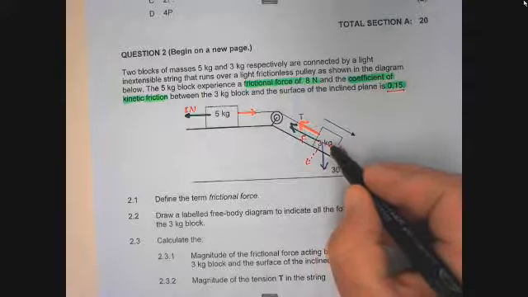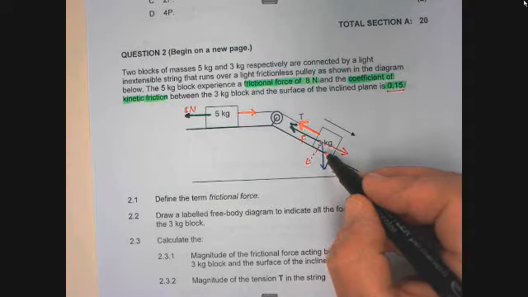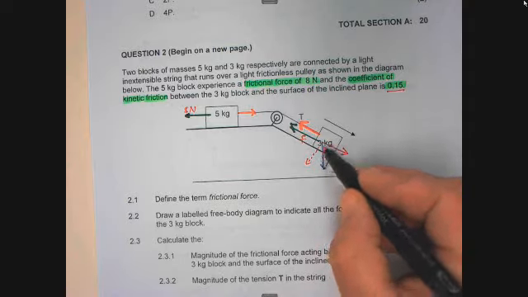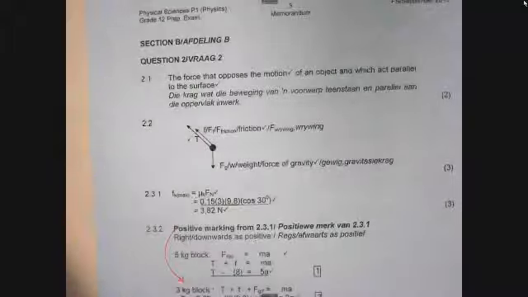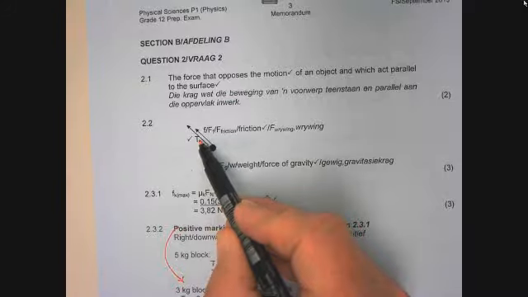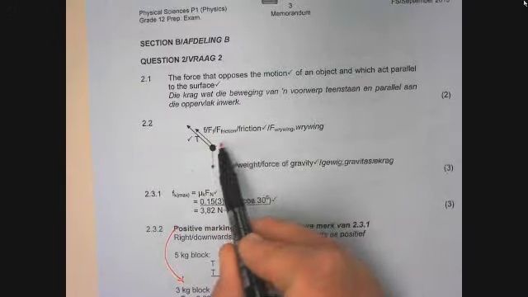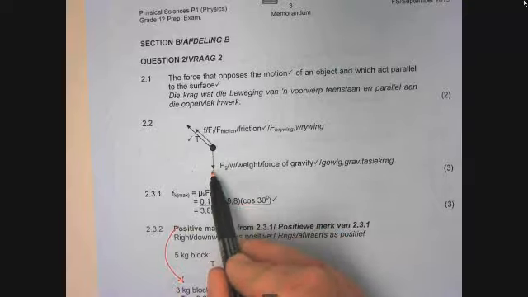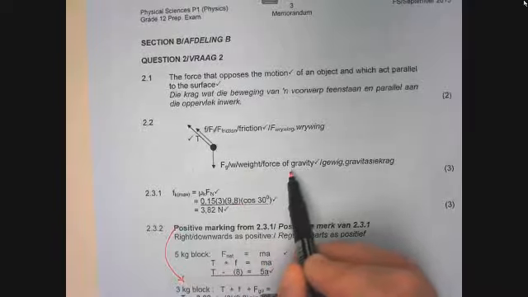So if you indicate it like this, as I've indicated here, you will lose 1 mark. So please, either the weight itself or the components. But let's look at the memo. In the memo is indicated the force due to the tension in the rope, the frictional force, the possibilities of the labels, and then the force of gravitation with the possible accepted labels.